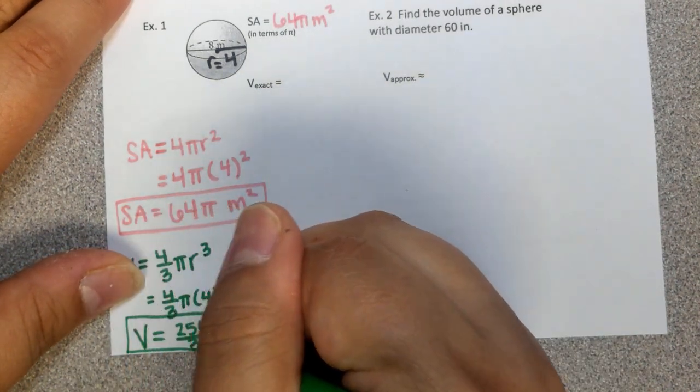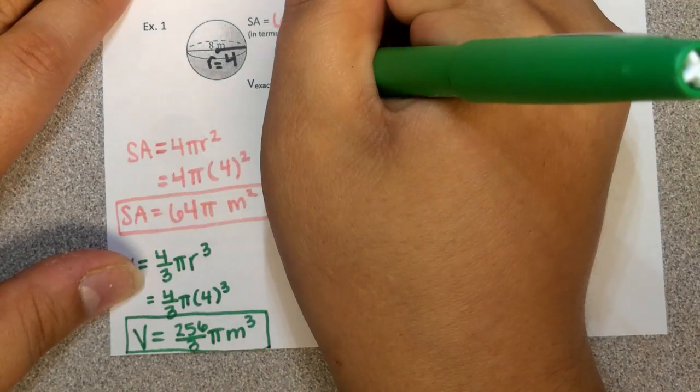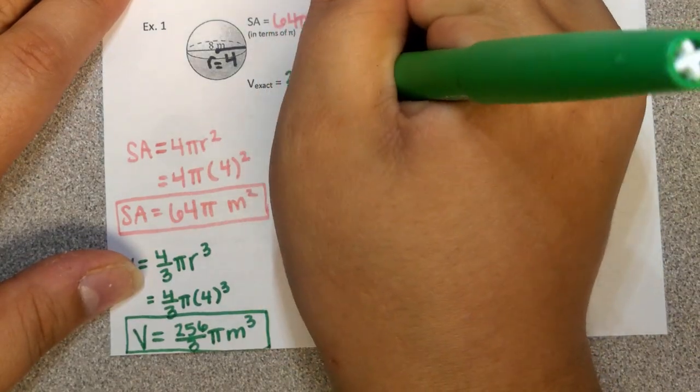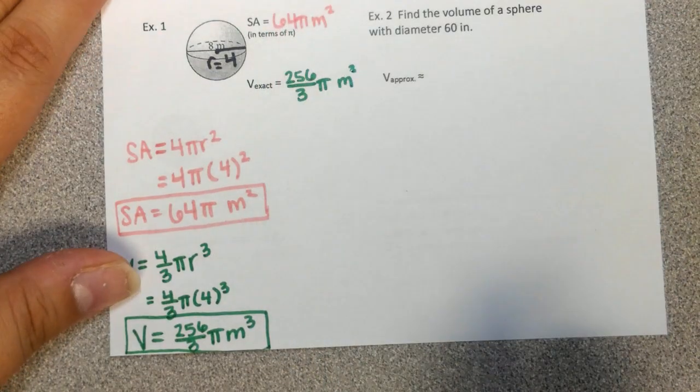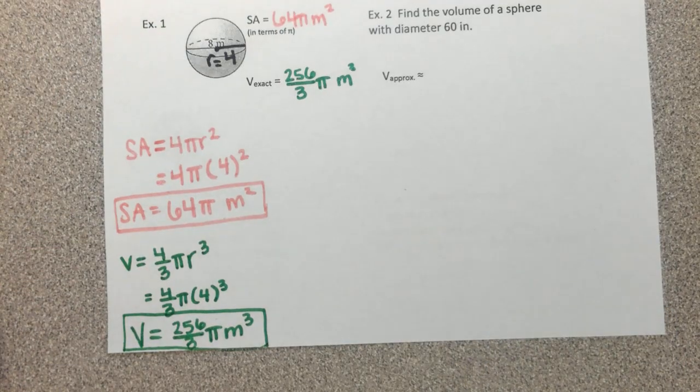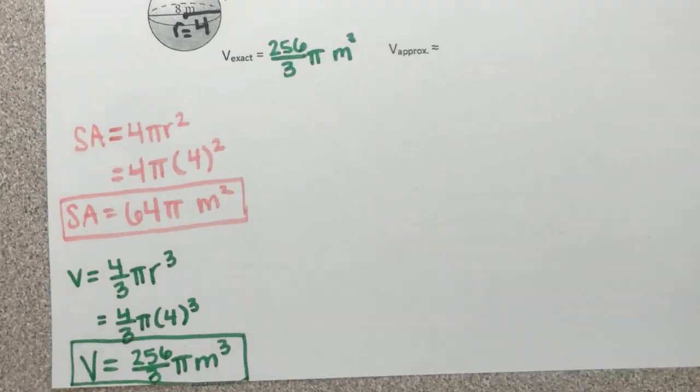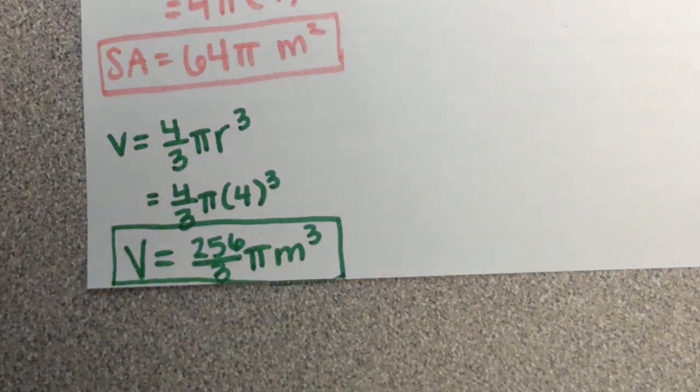Does that make sense? Are we okay with that? Because that one was a little weird. If it says exact, please don't give me a decimal with pi. Make it a fraction. Okay? I need to zoom in on that for you.